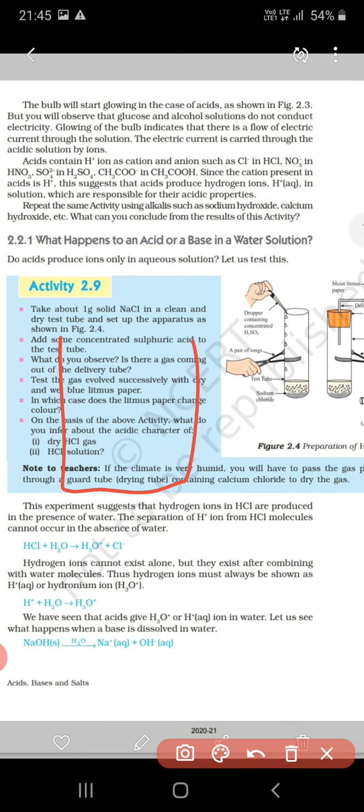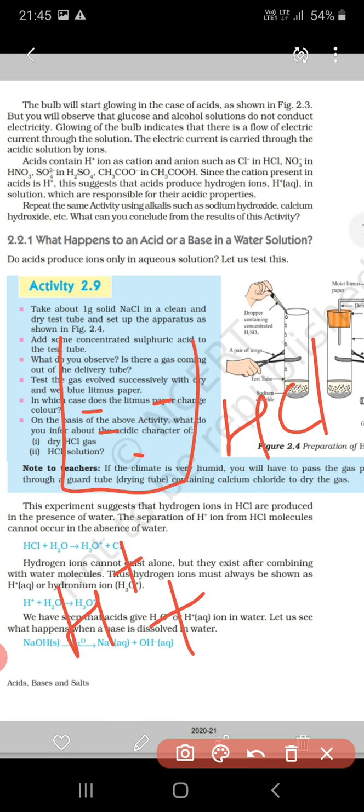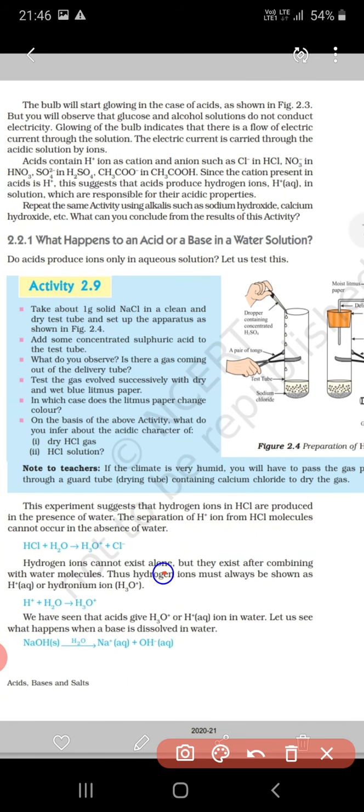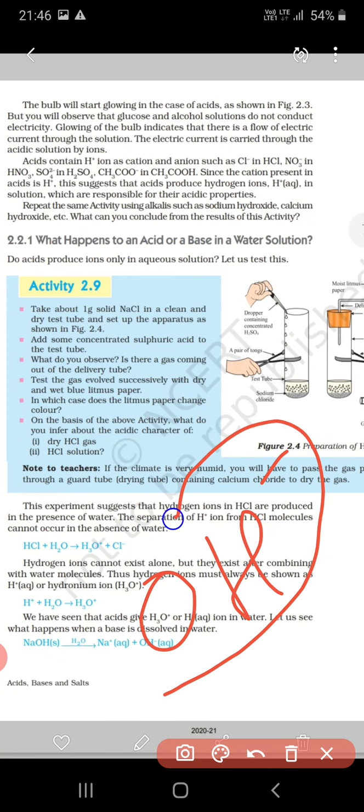When we add HCl, it dissociates into H plus and Cl negative. If there is an H plus ion, it is responsible for conduction of electricity. If there is an OH negative ion, electricity is not conducted.